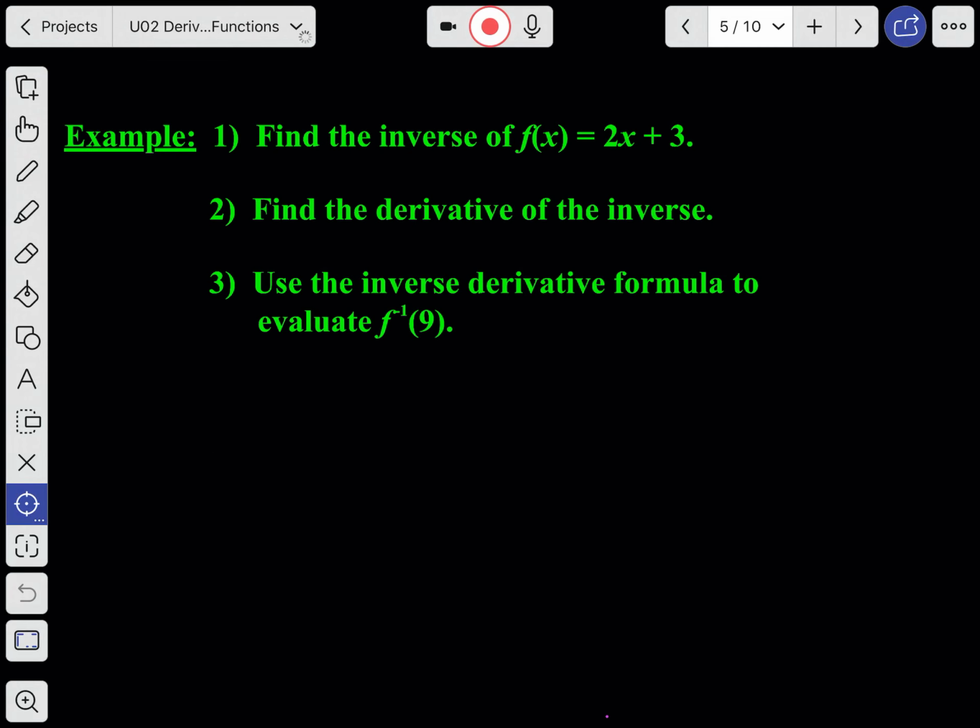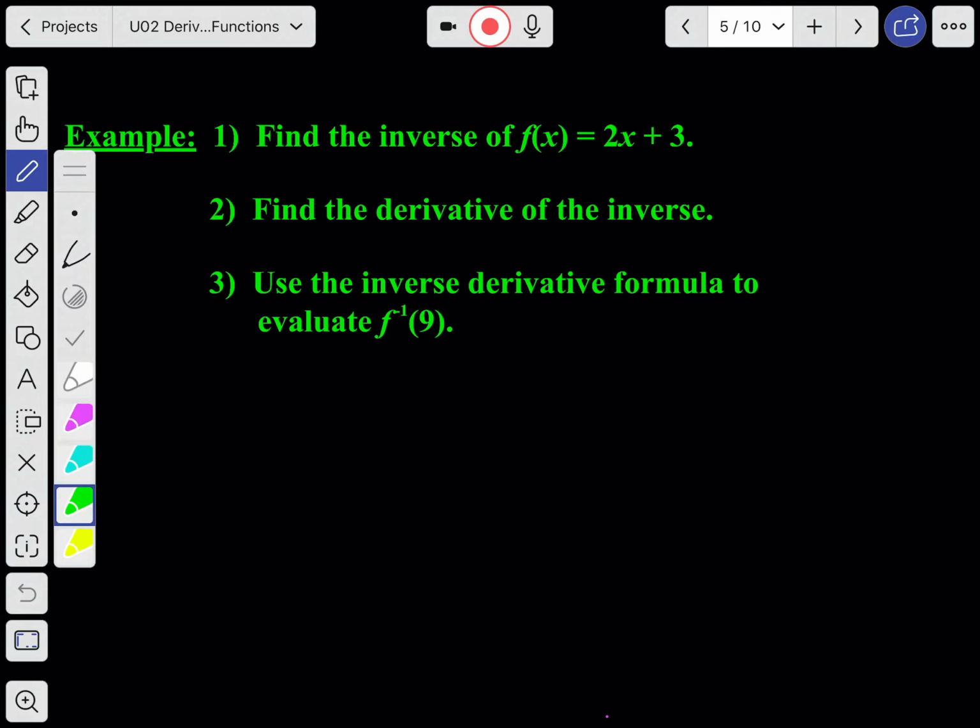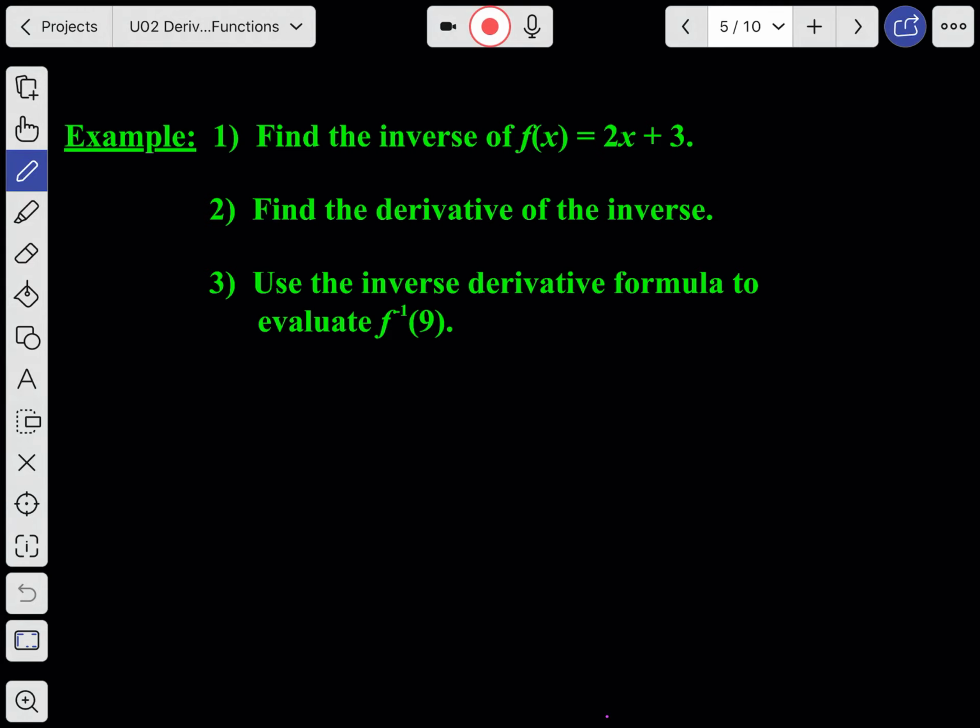So sometimes we can work these algebraically. In this first example, that's not hard to do. If I wanted to find the inverse of this function, I would switch my x and y and solve for y. So let me do a little bit of algebra here. We have 2y is equal to x minus 3, divided by 2. And we have y inverse is equal to 1/2 x minus 3/2.